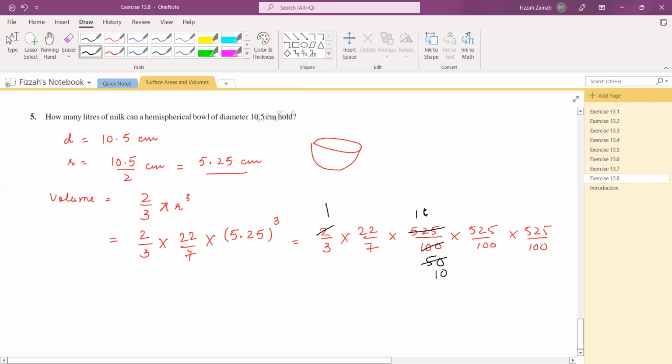Yes, am I right? Okay. Now, yes, it can be divided by 3, 3 into 1 and 3 into 3 is 9, 35. Now this can be divided by 7 into 5.